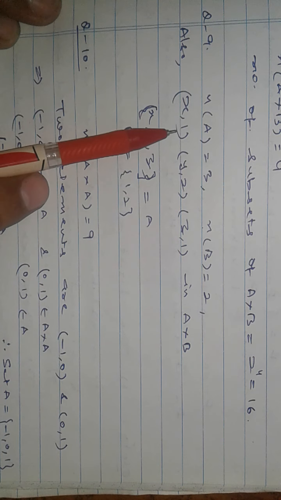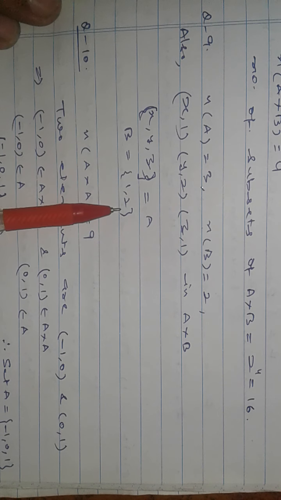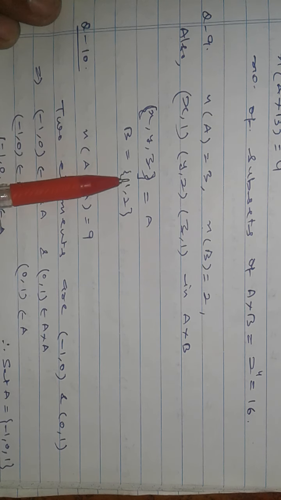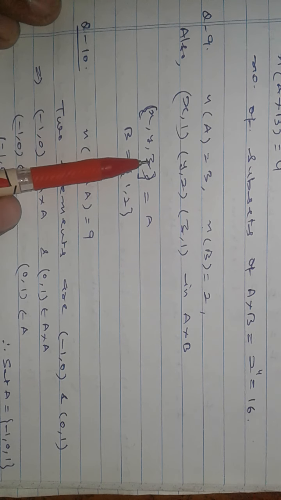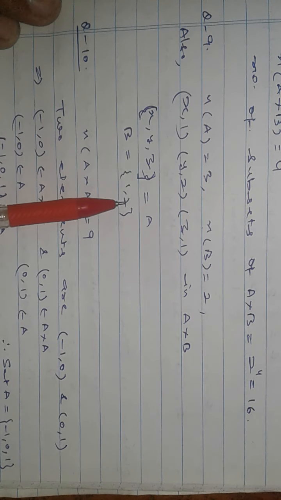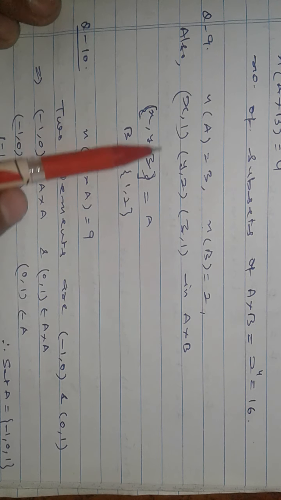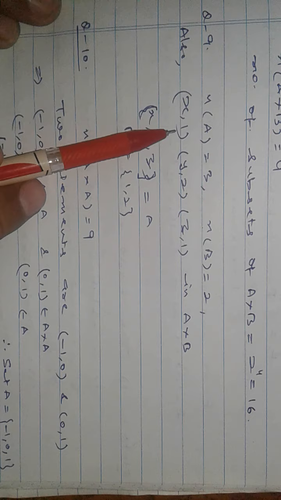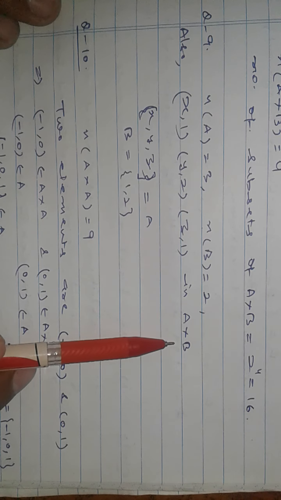From B, the second entries 1, 2, 1 mean B is {1, 2}. So if we check the Cartesian product: (x,1), (x,2), (y,1), (y,2), (z,1), (z,2). First entries are from the first set, second entries are from the second set.